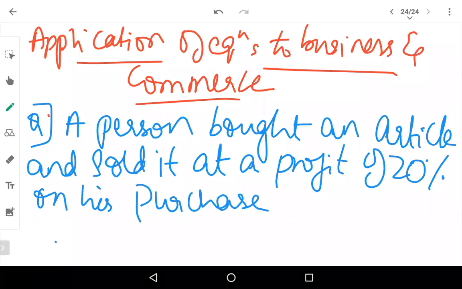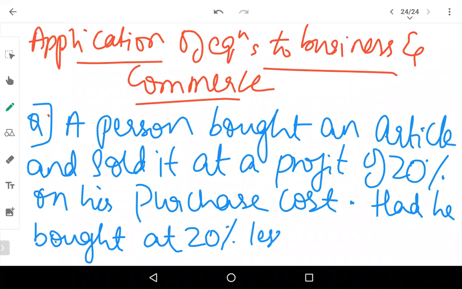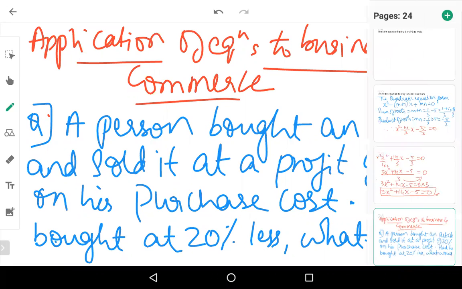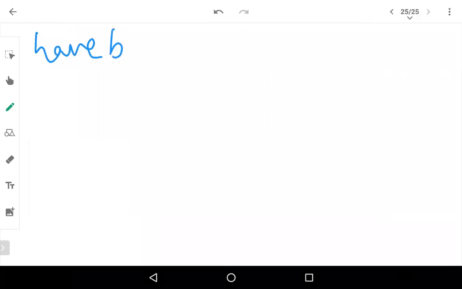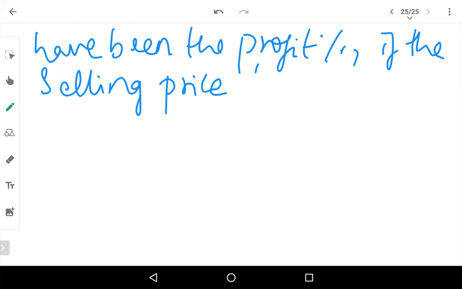So on the purchase cost, 20% profit he has kept. Then, had he bought it at 20% less, what would have been the profit percentage if the selling price had been the same?